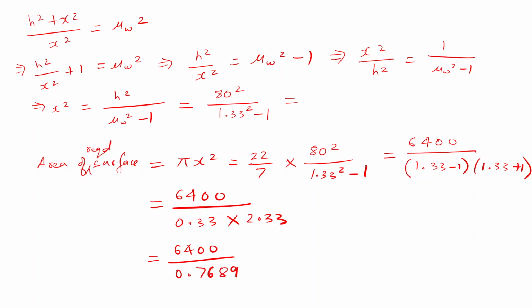0.7689. And I'll divide 6400 by 0.7689. I'll get, and there is, sorry, I forgot this, pi is there, so I'll get 26159.82.